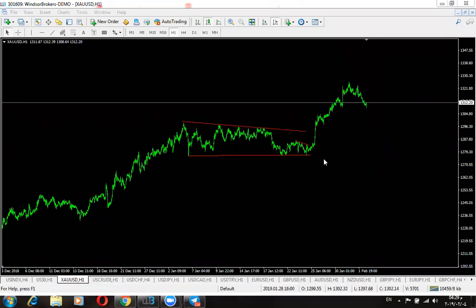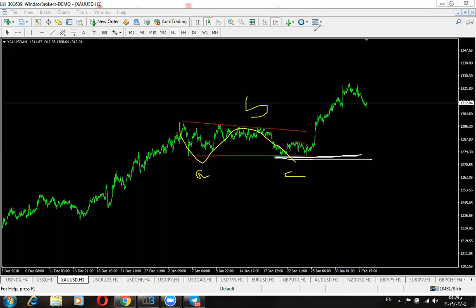I think gold has reached the point of no return. I don't think the price is going to reach this bottom again. This is a very solid bottom for the gold. As we told you in the last weeks, this is a regular flat.